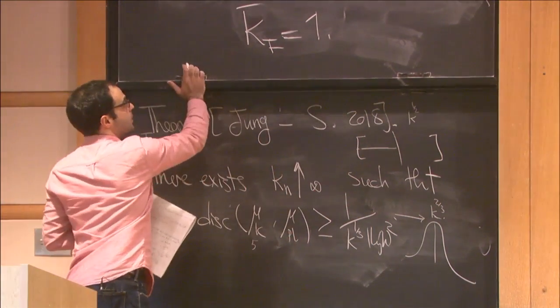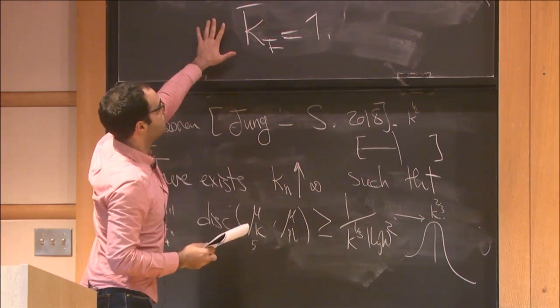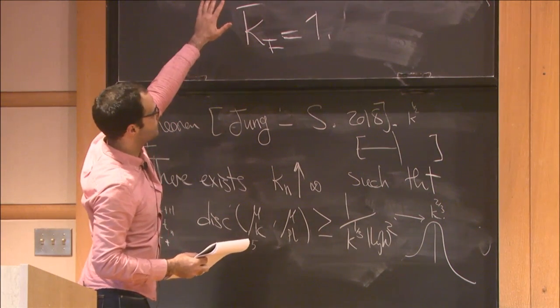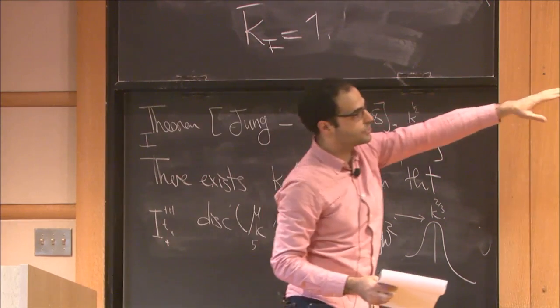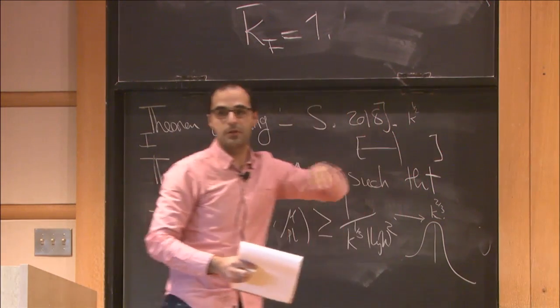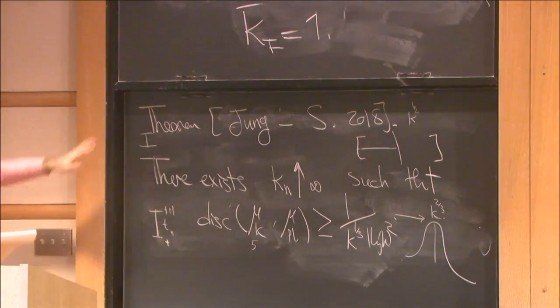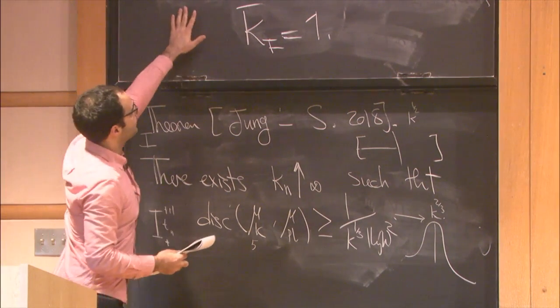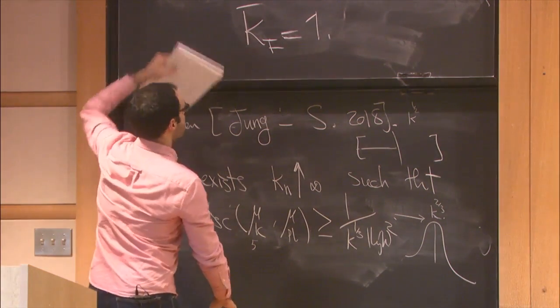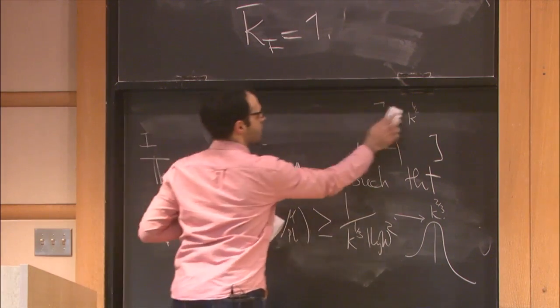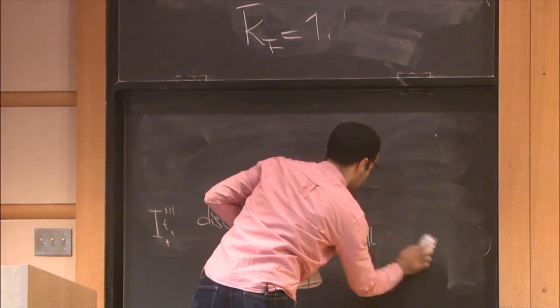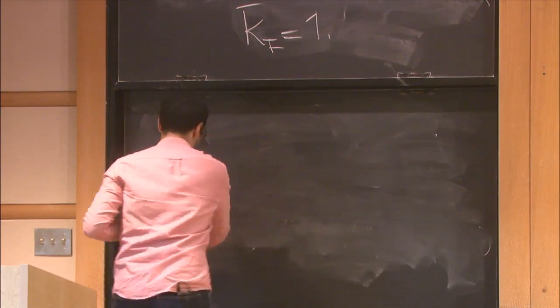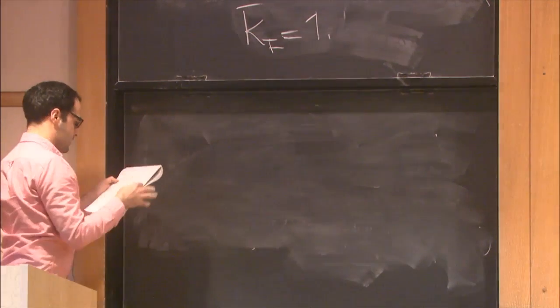But the proof here uses ideas in automorphic forms, and it reduces the problem again to a Ramanujan bound on holomorphic modular forms. So I'm going to state a version of this theorem, which is slightly easier to prove. But the main ideas are already there, and I'm going to sketch the proof of this theorem.